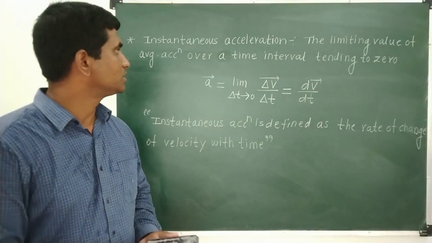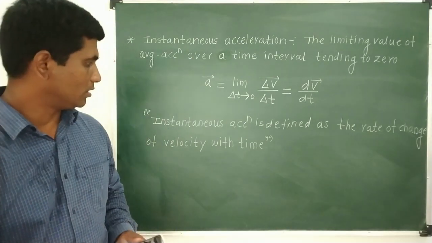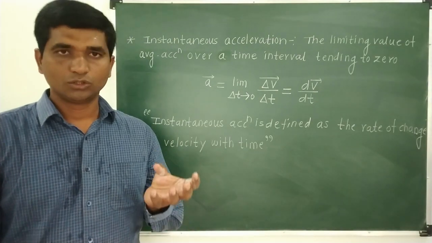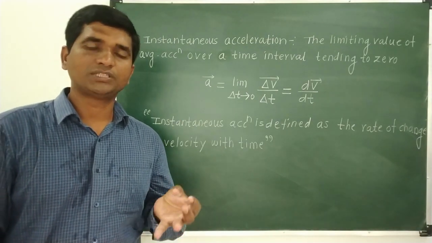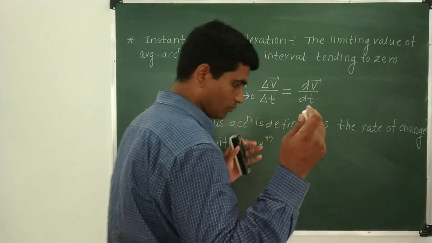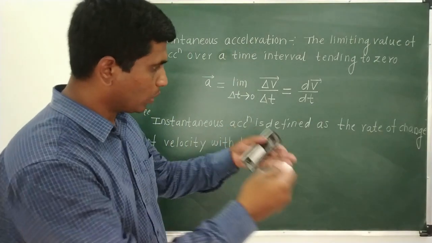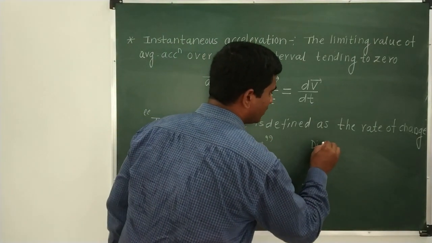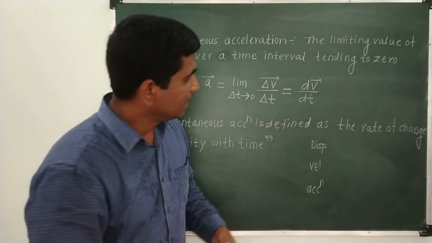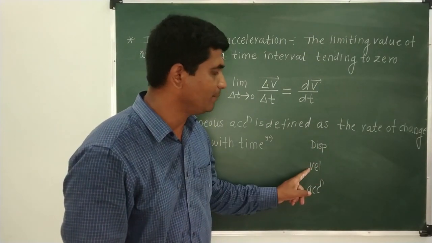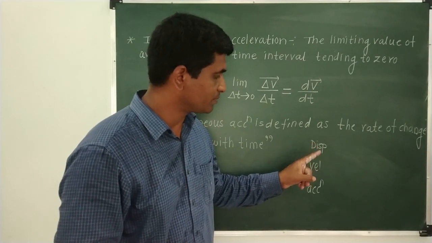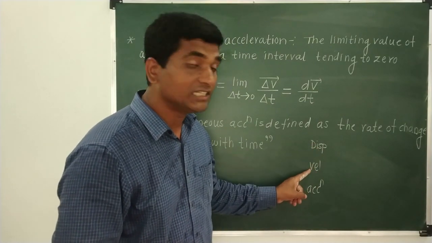I hope you have understood what is displacement, what is velocity, and what is acceleration. These are vector quantities. In order to recap what we have discussed: if you take the rate of change of displacement with respect to time, you will get the instantaneous velocity.